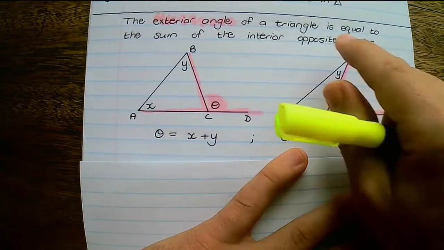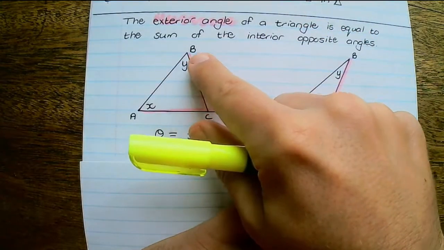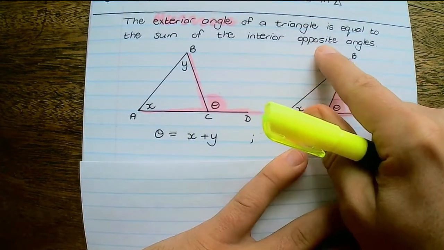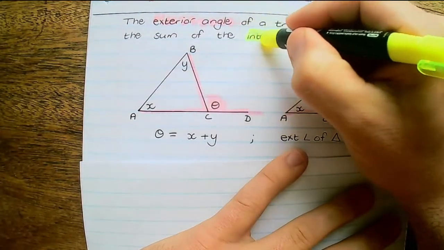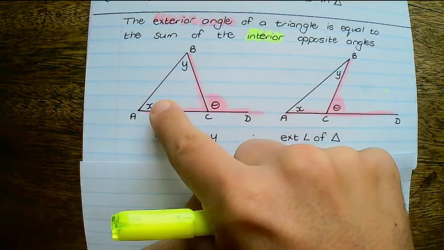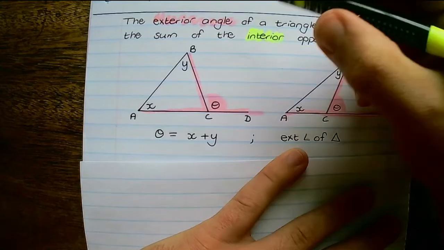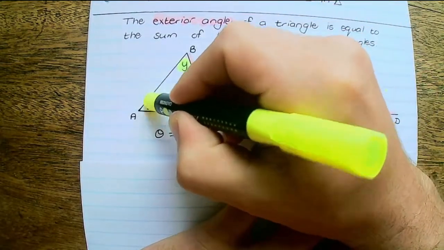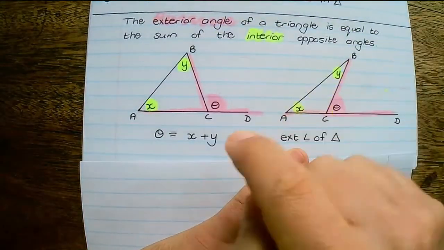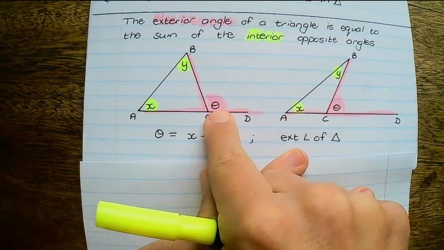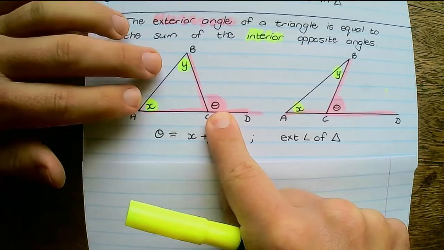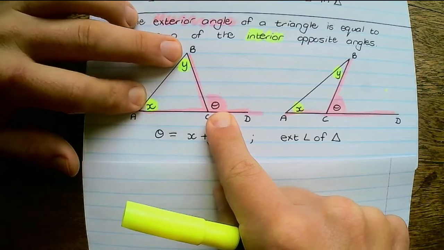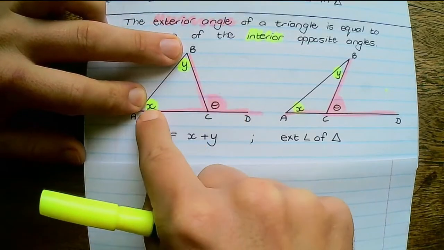Further on it says it's equal to the sum of the interior opposite angles. So interior means on the inside of the triangle, and opposite is on the other side. So here we can see that that's the exterior angle, and the angles X and Y on the other side of the triangle.